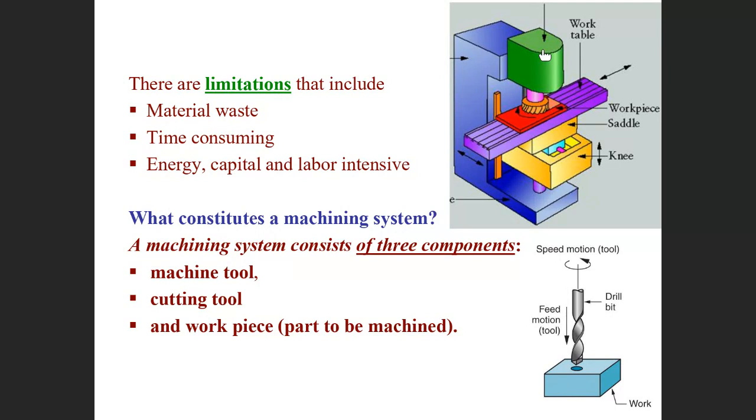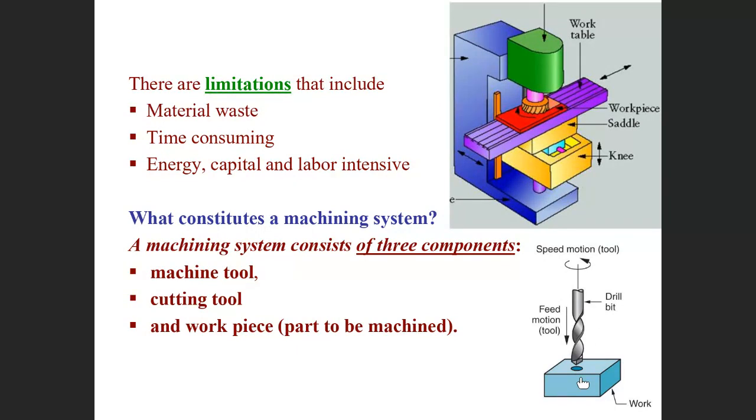The functionality of the machine is to hold the tool and workpiece, to provide the power and relative motion between tool and workpiece, so machining can be done. These are the machining elements: tool, workpiece, and machine.